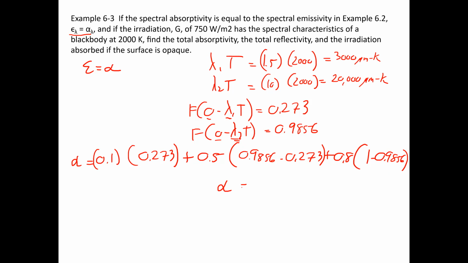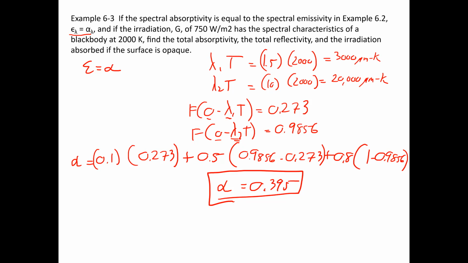That would give us a total absorptivity of 0.395. So that was one thing it was asking for, the total absorptivity for this black body at 2000 Kelvin that had the same values as emissivity from the prior problem.